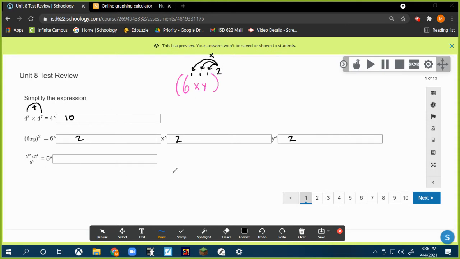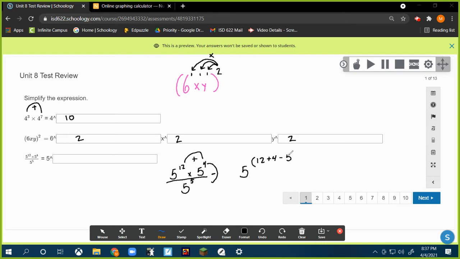The last one, we got a couple different things going on here. We got a product rule, and we've got a quotient rule. We can do it all in one step here. We could say this is 5 to the product rule, says that we add those up. And then since we added these, with quotient rule, we need to subtract.